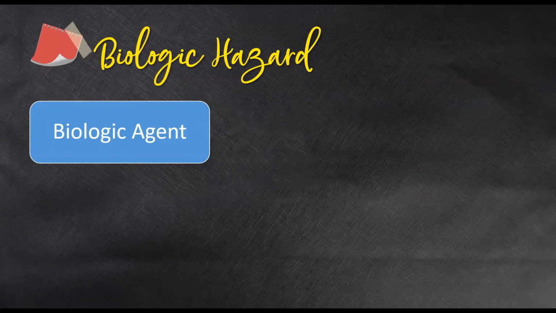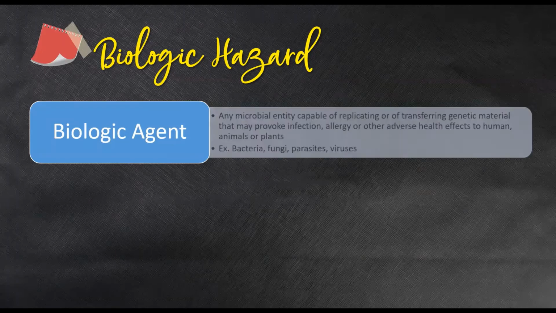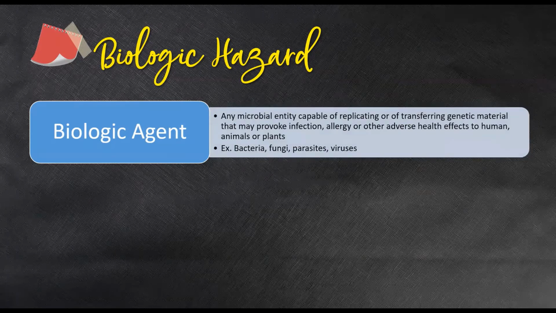First is biologic agent. The biologic agent, as discussed in infectious diseases, pertains to a microbial entity capable of replicating or of transferring genetic materials that may provoke infection, allergy, or other adverse health effects to humans, animals, or plants.